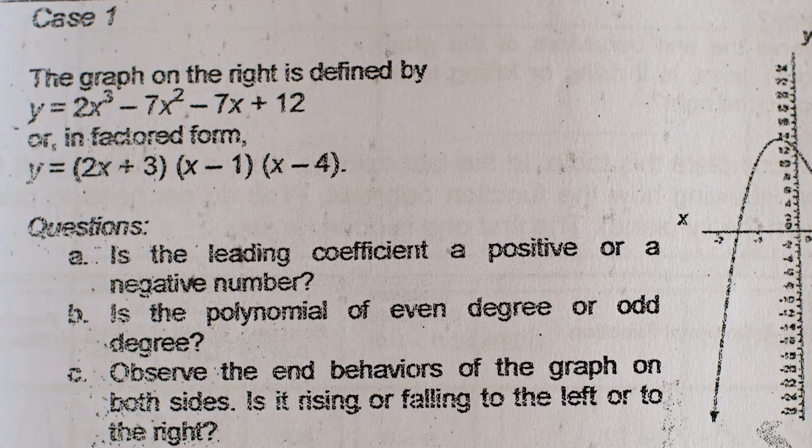Then you have to answer the questions for Case 1. Letter A: is the leading coefficient a positive or negative number? Letter B: is the polynomial of even degree or odd degree? Letter C: observe the end behaviors of the graph on both sides. Is it rising or falling to the left or to the right?